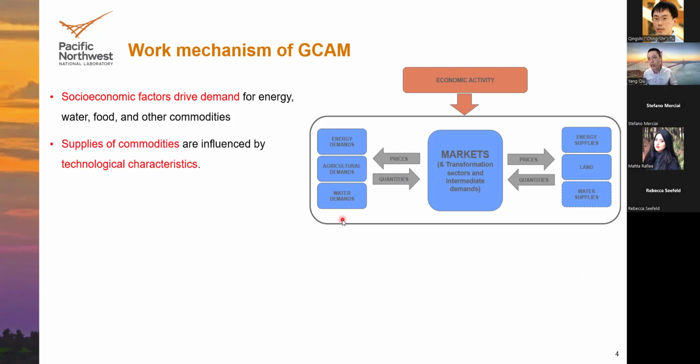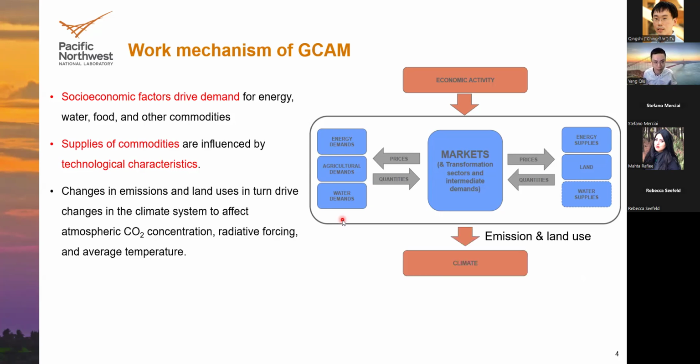And then we also have the supply side for each of those markets. The supply of those goods and services is mainly influenced by technology characteristics, for example the cost of different technologies and the energy efficiency. These characteristics determine what the supply and the market share of those supplies will be like.